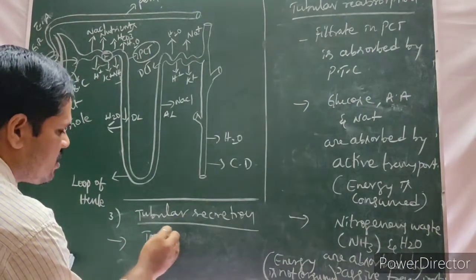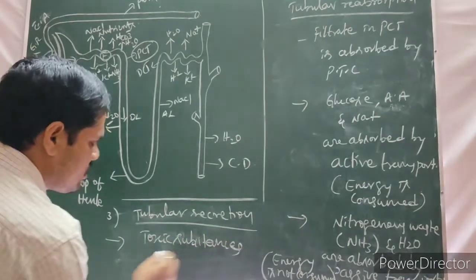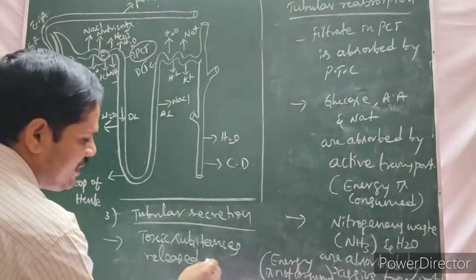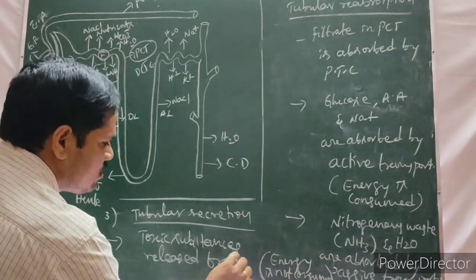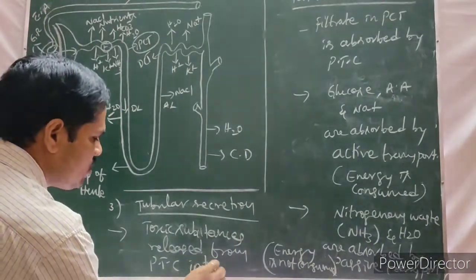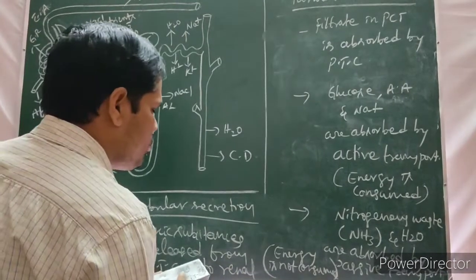Toxic substances are secreted from the peritubular capillary into the renal tubule. What is the meaning of renal tubule?